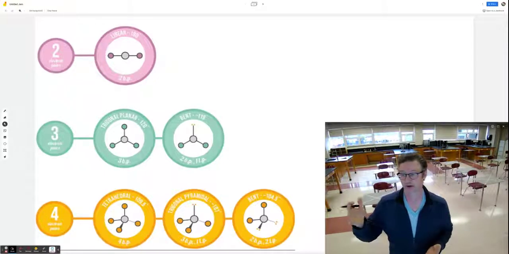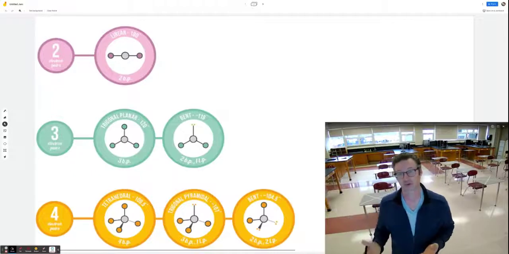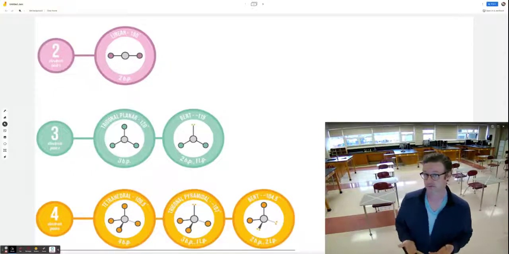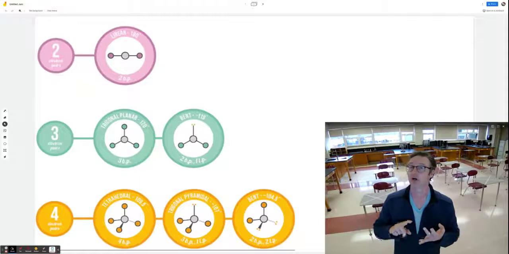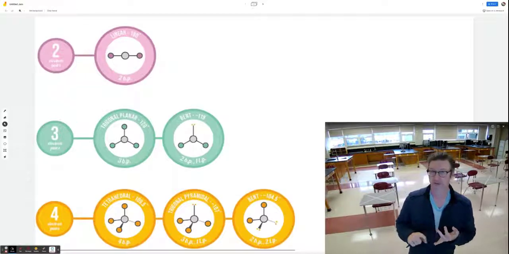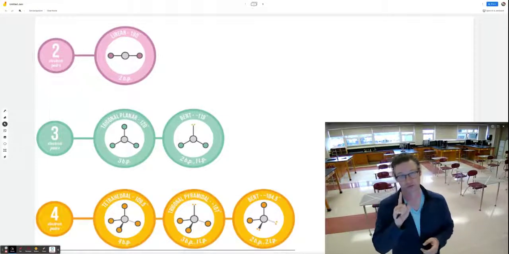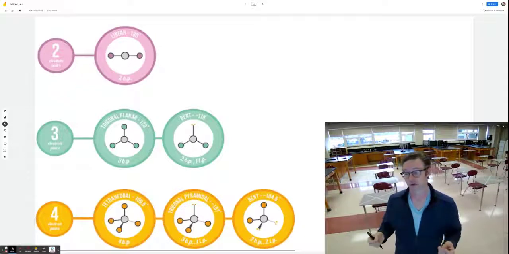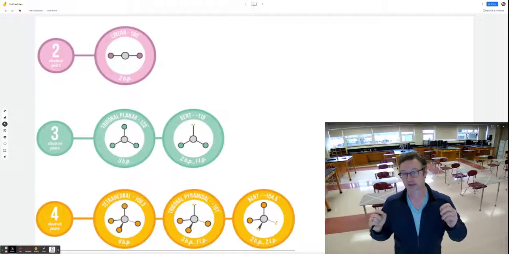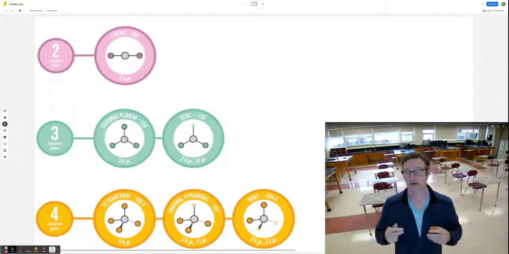So the first thing you need to determine, you're going to draw your Lewis structure and then look at whether or not it has 2, 3, or 4 electron domains. So that means either bonds or lone pairs, keeping in mind that double or triple bonds only count as one domain. The other way I always say to look at it is first count the number of atoms that are connected to the central atom. That determines the number of bond domains, and it doesn't matter if they're double or triple bonds.